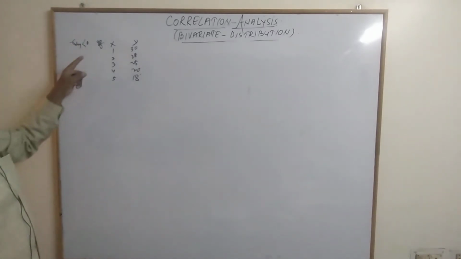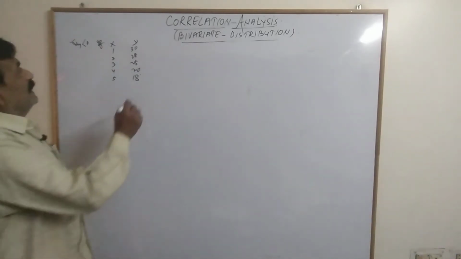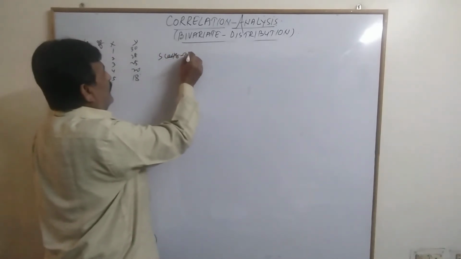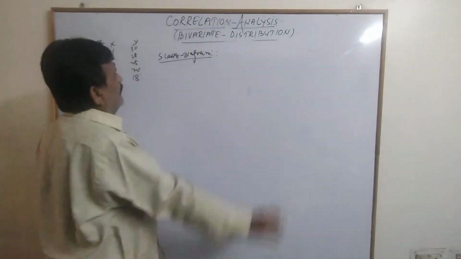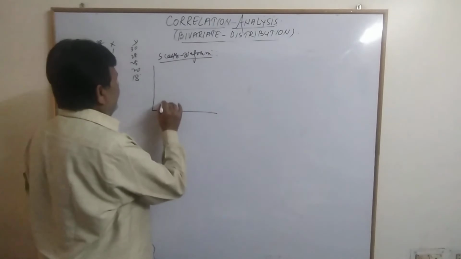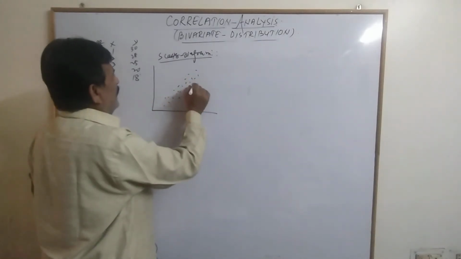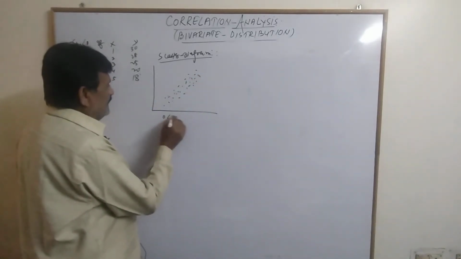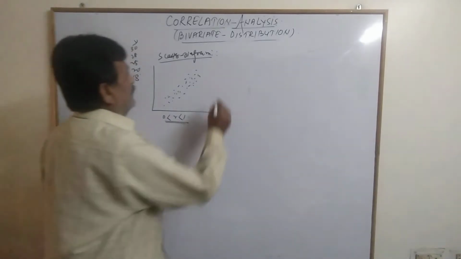Now whether Rxy is positive or negative could be known through a scatter diagram too. A scatter diagram gives us a hint, and it could be of 5 types. If all the scatter points rise from left to right, then R is positive and less than 1. So it is called positive correlation.